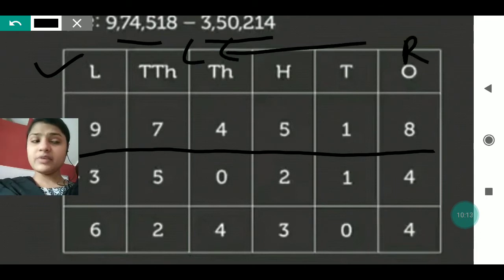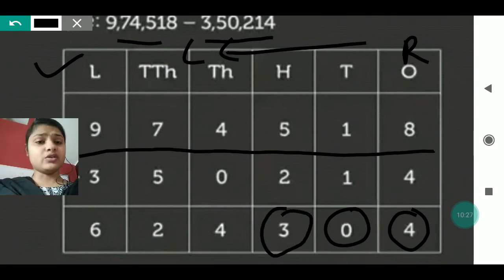Again and again I am speaking. The first number on the right side will come at the ones place. 8 minus 4 will be 4. 1 minus 1 will be 0. 5 minus 2 will be 3, and 4 minus 0 will be 4. 7 minus 5 will be 2, and 9 minus 3 will be 6.